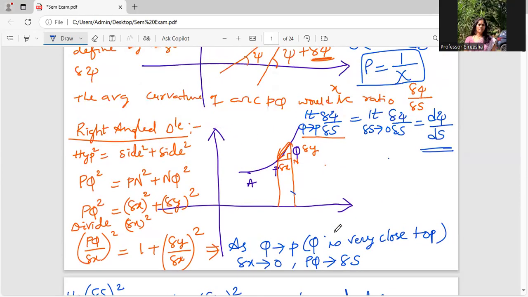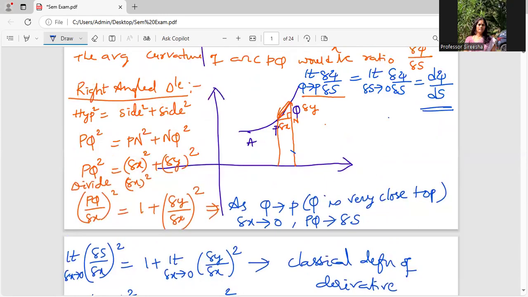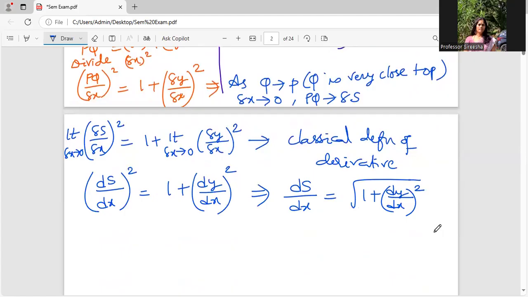Now, you can see here that ds by dx is nothing but my curvature. ds by dx has turned out to be something like this. Now what I will do is write the definition of radius of curvature.